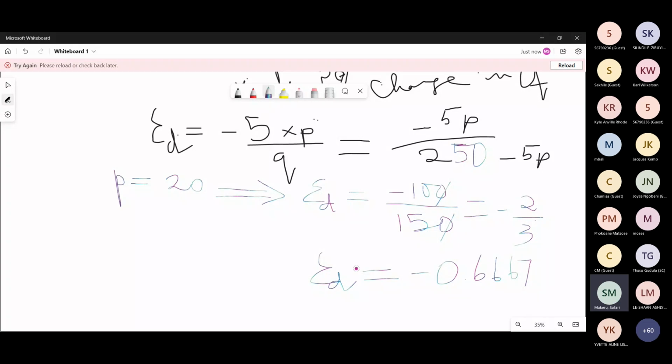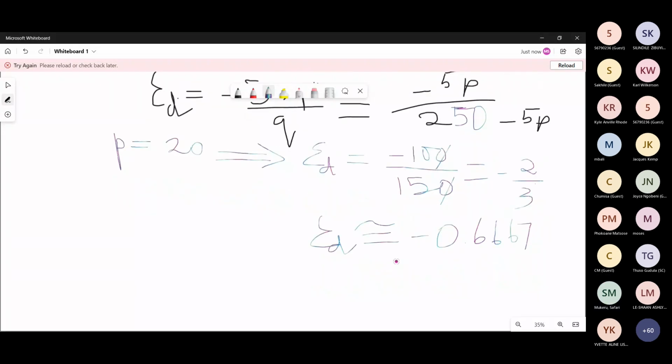Great. Now, what does this mean then? This is the most important point here. What does this mean? That the elasticity is inelastic.